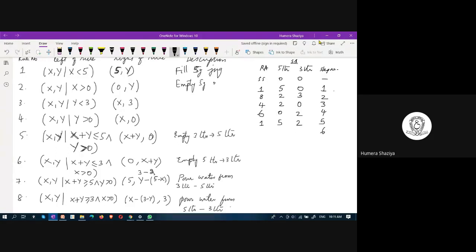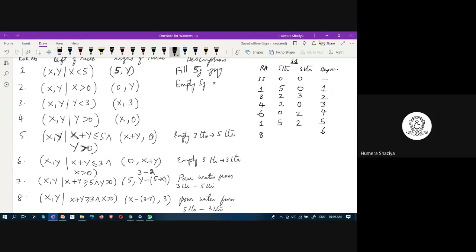Step number 6, again rule number 8 is applied. What happens in rule number 8? You are filling 3 liter jug by pouring the water from 5 liter. Presently 3 liter has 2 liter water. How much water you have to pour in it? You have to pour 1 liter to make it full.